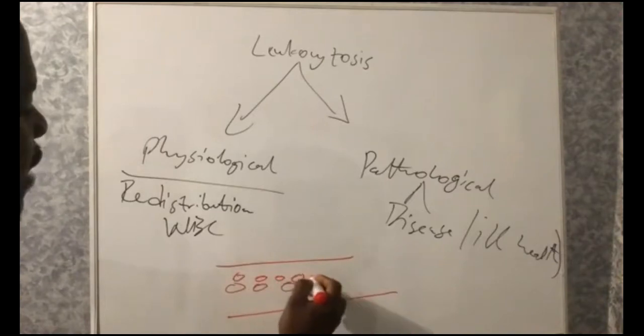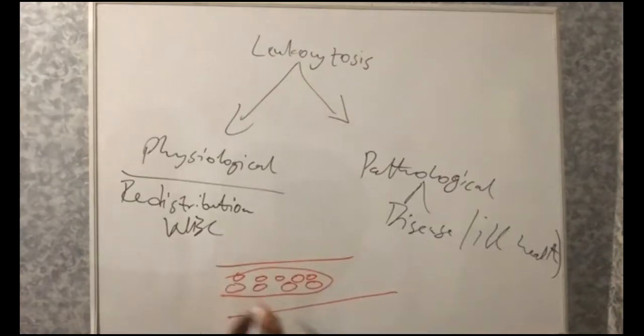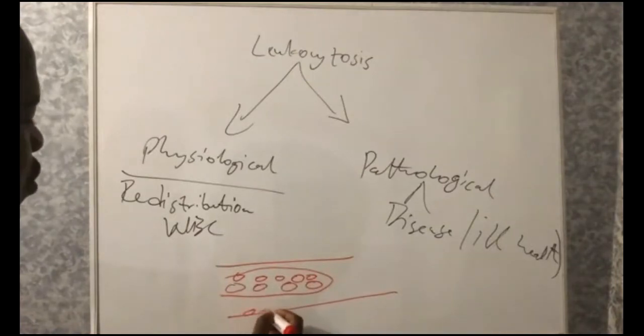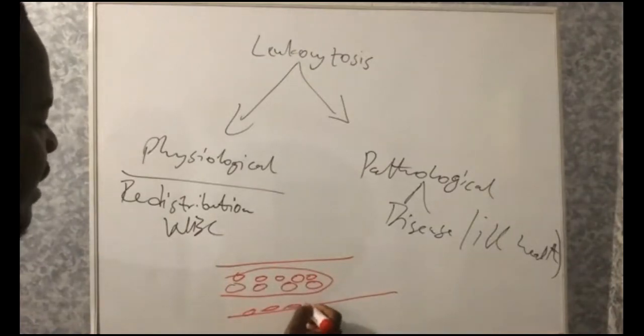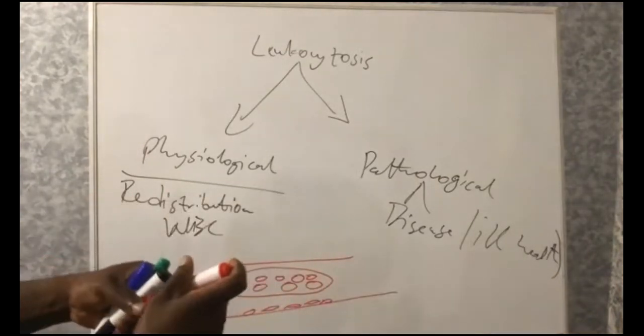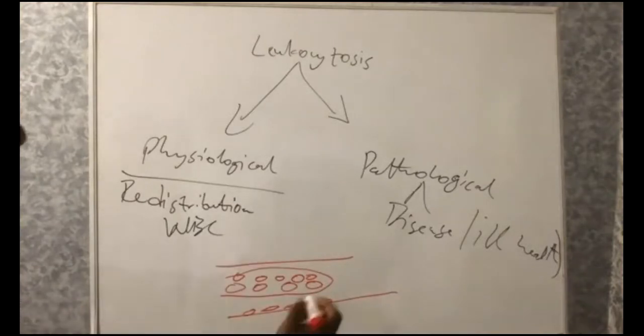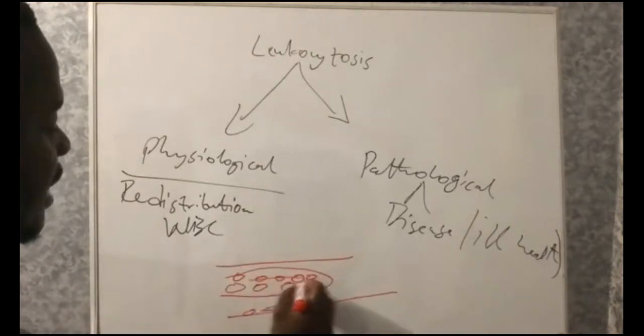Okay? So we have two types of blood flow. We have the flow that is found in the middle, and we have the flow that is close to the vessel endothelium, or the wall of the vessel. The ones flowing in the middle, normally when you enter into somebody's vein or blood vessel, you take the blood that flows in the middle.